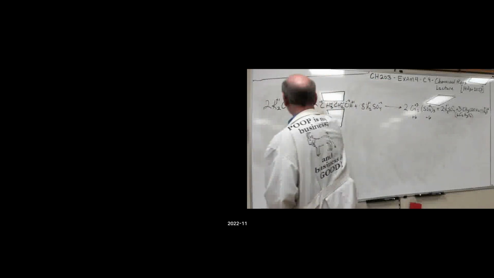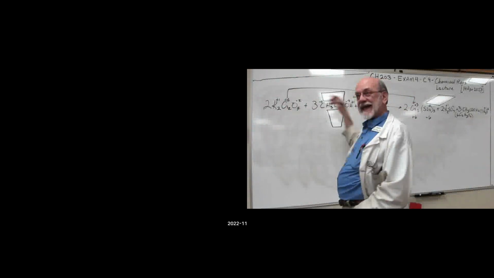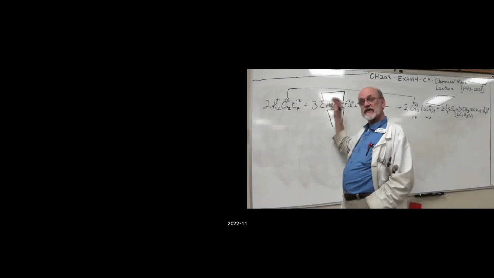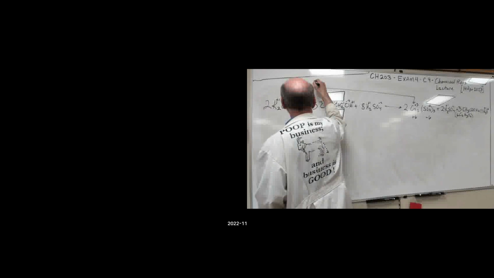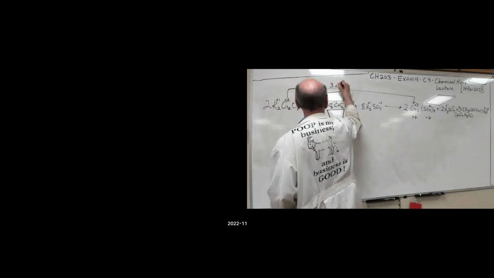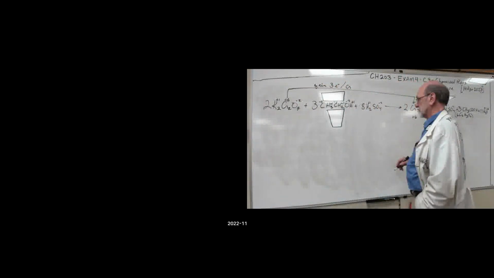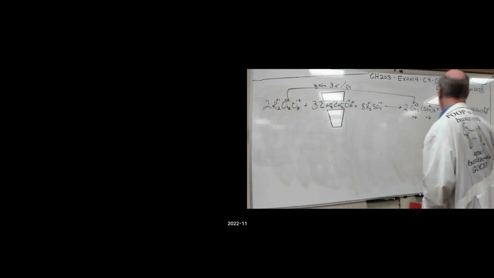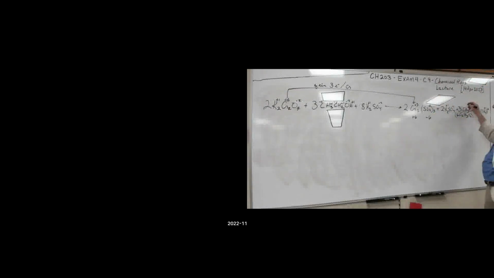The chromium gained electrons. It went from +6 to +3. So it gains 3 electrons per chromium. Okay? How about this carbon? It's still -4, but this carbon is different.